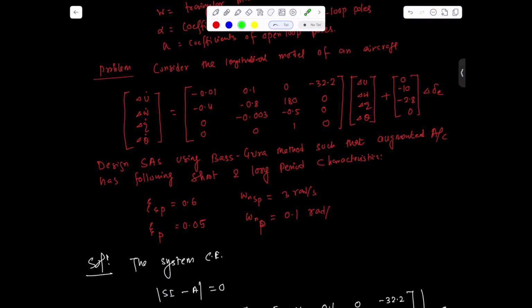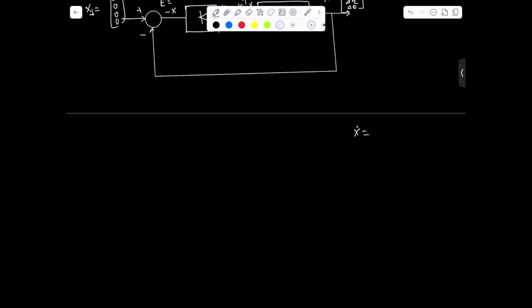So this makes the control design easier. But what will happen if the system has x dot equal to Ax plus Bu, and for example u is not a scalar? If it is a vector, what will happen?